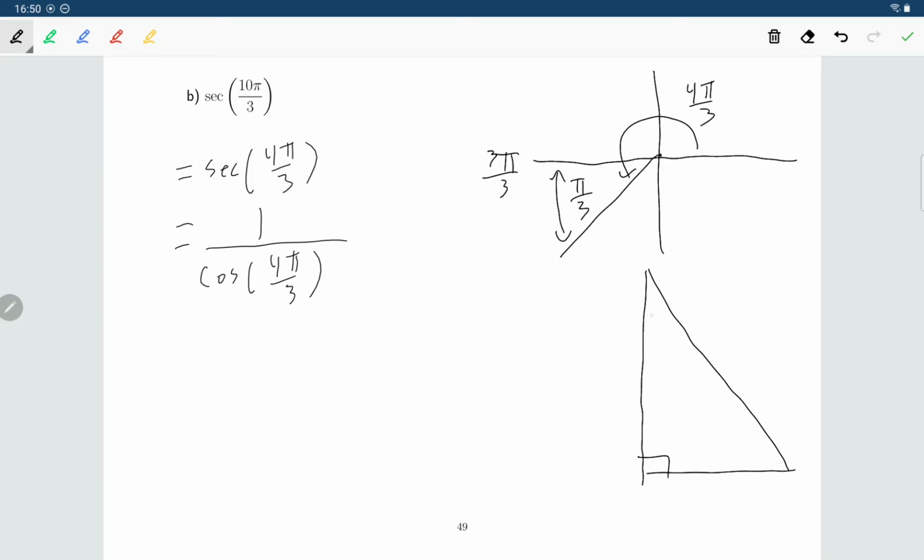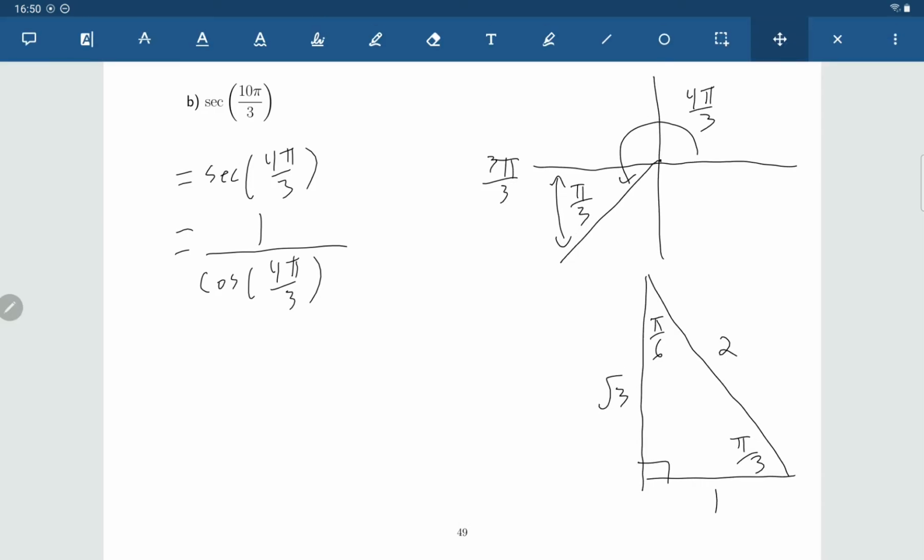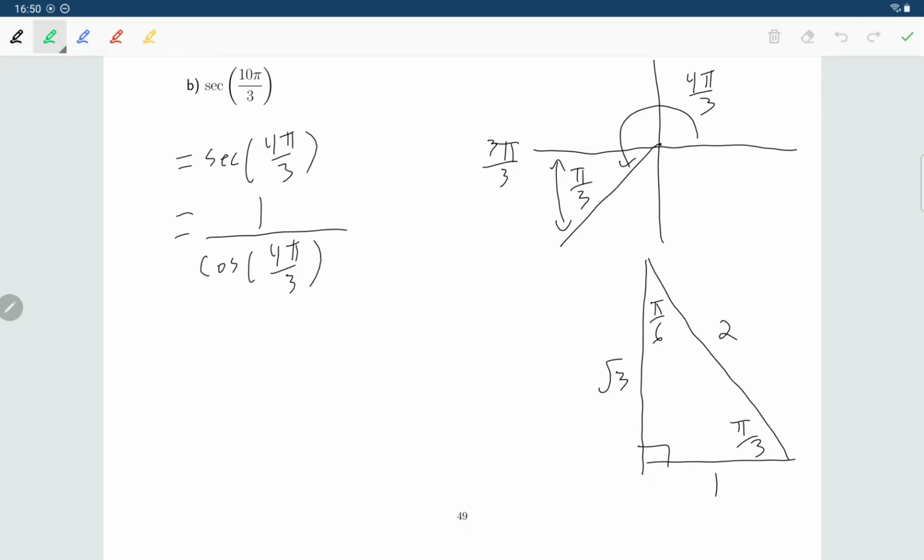And what do we know? We know that in our 30, 60, 90 triangle, pi over 6, that's 30 degrees, pi over 3, that's 60 degrees. In our 30, 60, 90 triangle, if you were looking for cosine of pi over 3, that would be adjacent over hypotenuse. That would be a half.